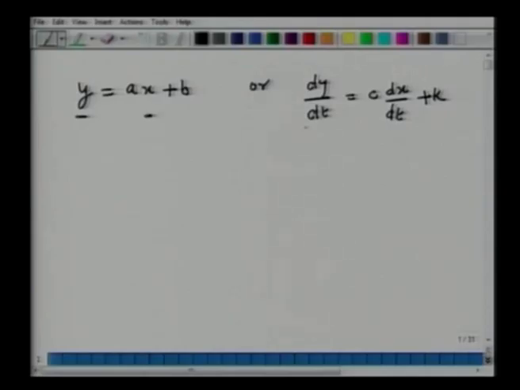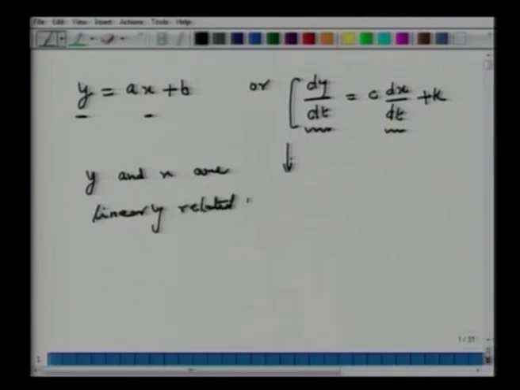In this case the system is linear between dy over dt and dx over dt, and of course, if I integrate this, then I will find that the same equation is also linear in y and x. So, here we can say y and x are linearly related, and we can make a similar statement in the context of this particular relation also.